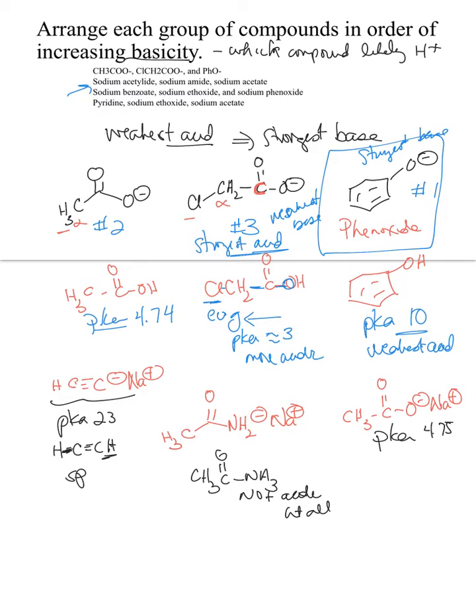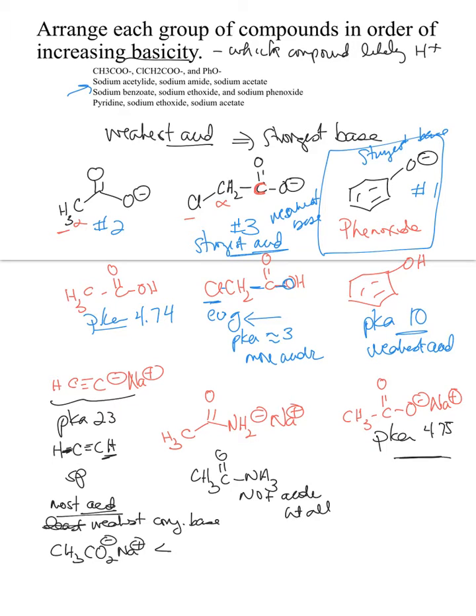So therefore, your most acidic, your weakest conjugate base, would be this one right here, CH3CO2Na. That's your most acidic, and so it's going to be your weakest base.